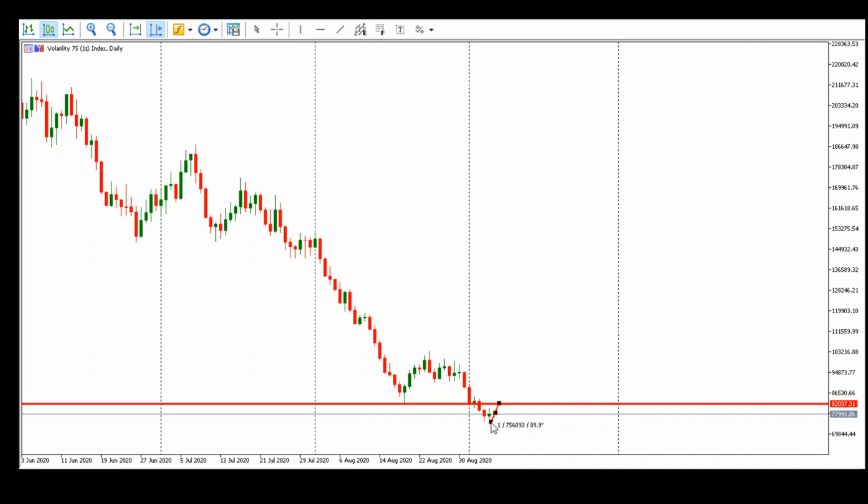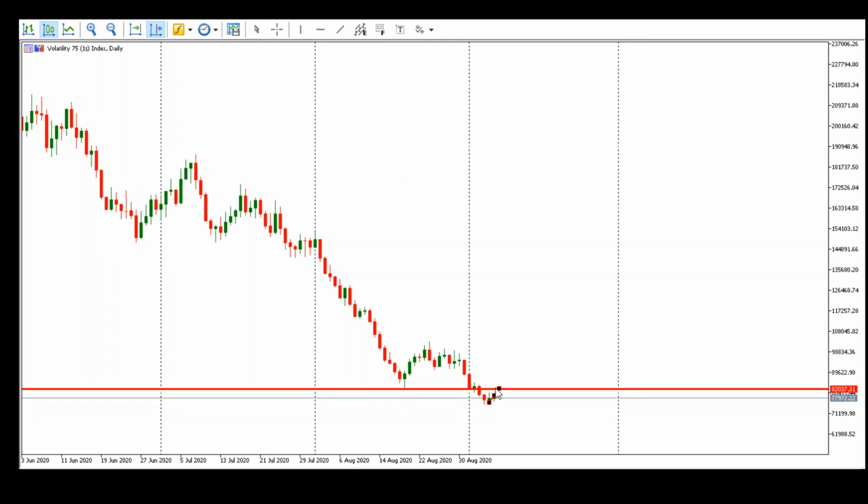So if you see that they test this resistance and there is a rejection, and once you get a confirmation candle, you know that this is a continuation.